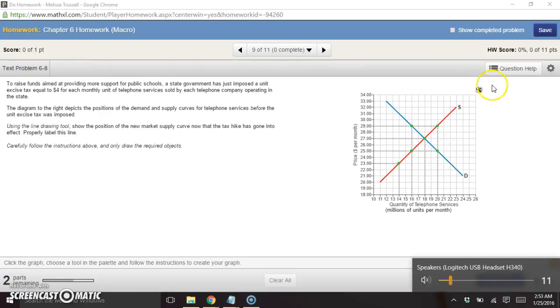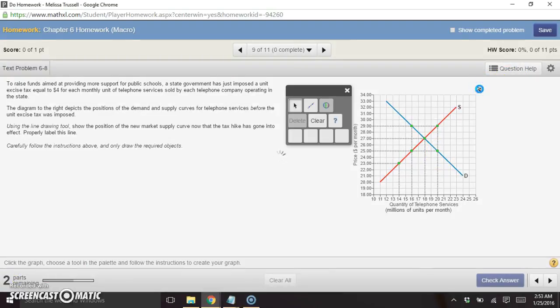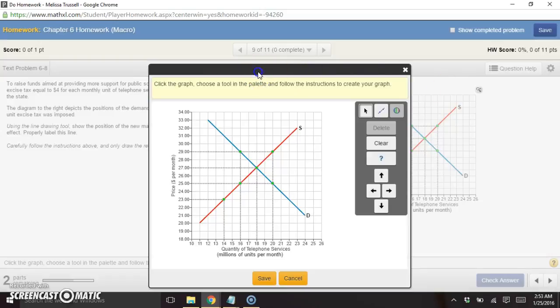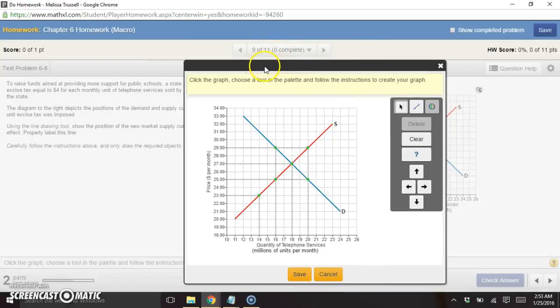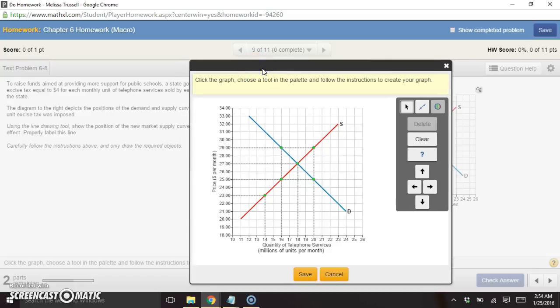So I'm going to click the little magnifying glass here so we can see our graph bigger. And so let's think about what this tax is going to do. A tax of $4 means essentially that the cost to the supplier now is $4 more than it was before.